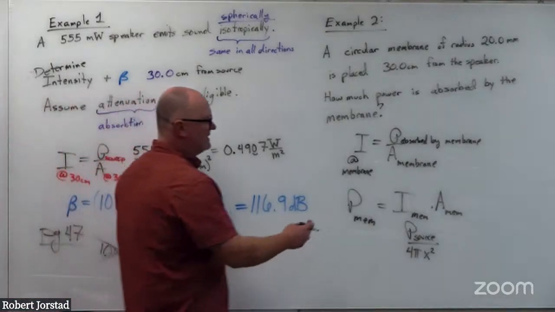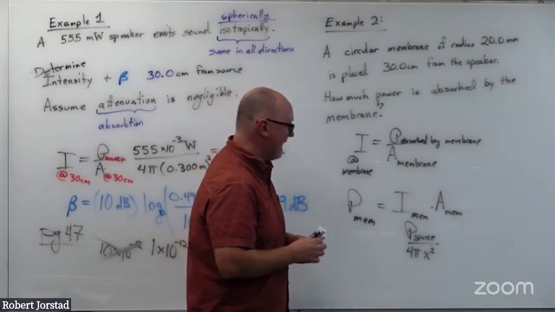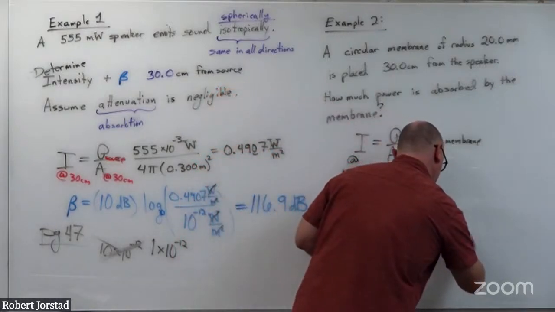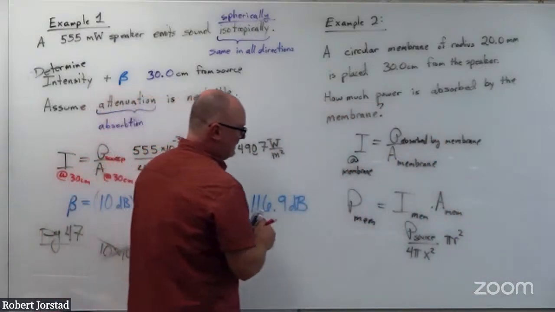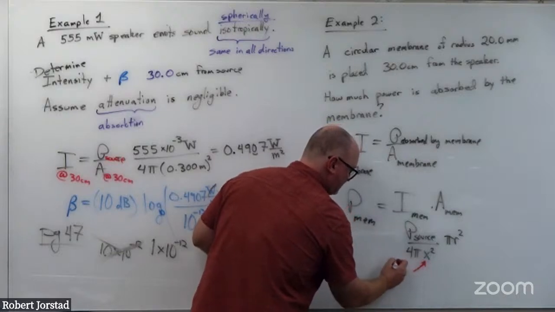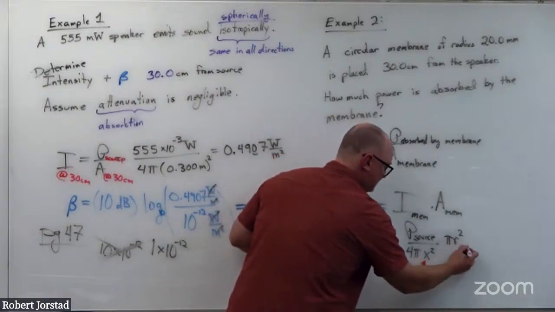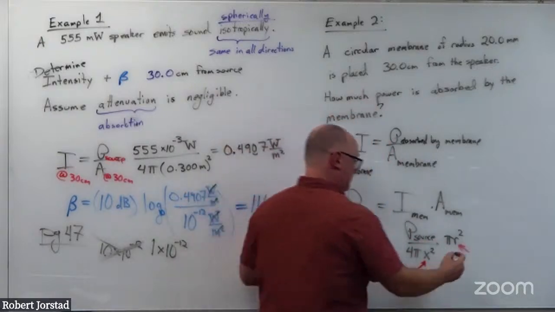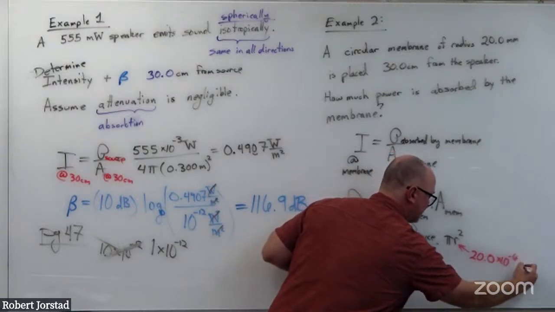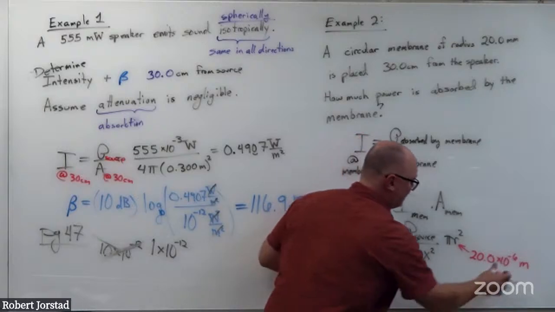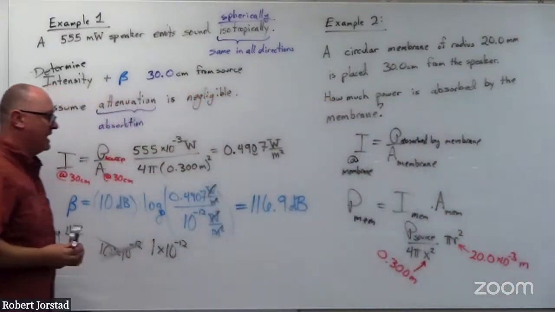And then the area of the membrane, it's a circular membrane, so that one is pi r squared. In this case, x is your distance from the source, that's your 0.300 meters. And this one is your 20.0 times 10 to the minus 3. Okay. So that's what's going on in here.